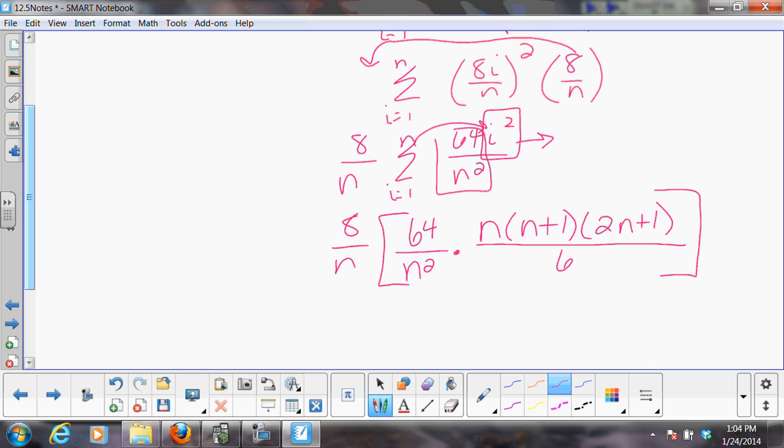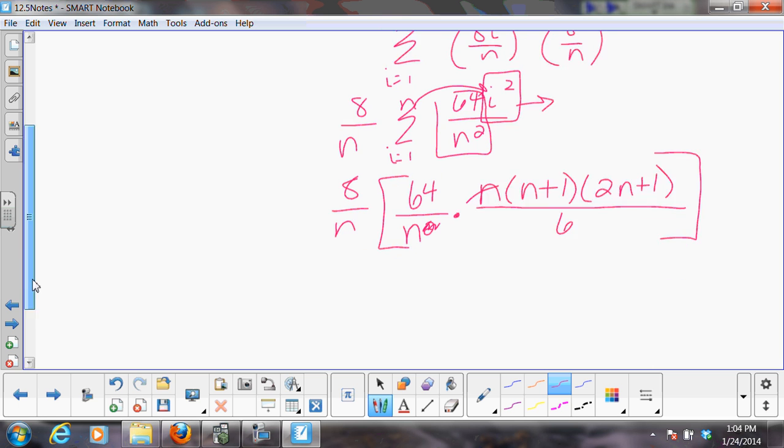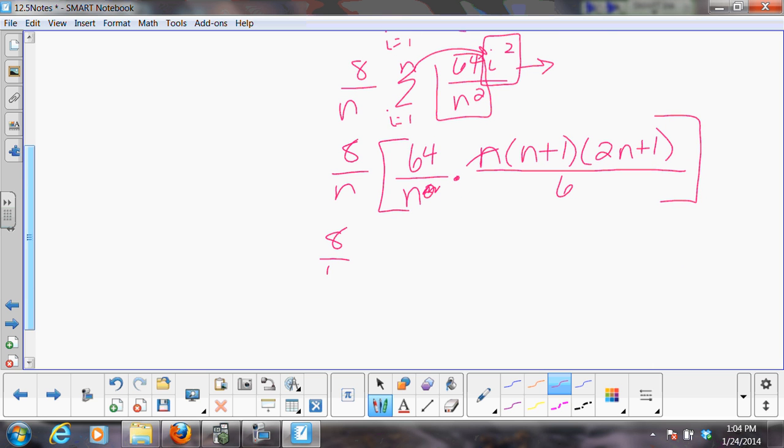Now we got to just do lots of fancy math. Well, I can factor out an n here. Six n on the bottom. n, in parentheses, 2n squared plus 3n plus 1.